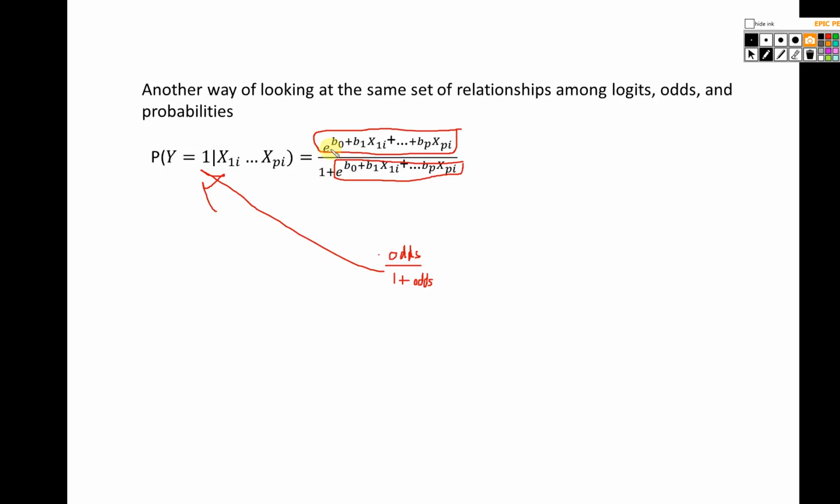As you can see right here, this is the odds, the numerator, and all of this is the denominator of our formula. So we can actually compute the probabilities directly utilizing this formula with substitution. Like I said, it's a pretty mathy explanation, but I think it's interesting nonetheless.